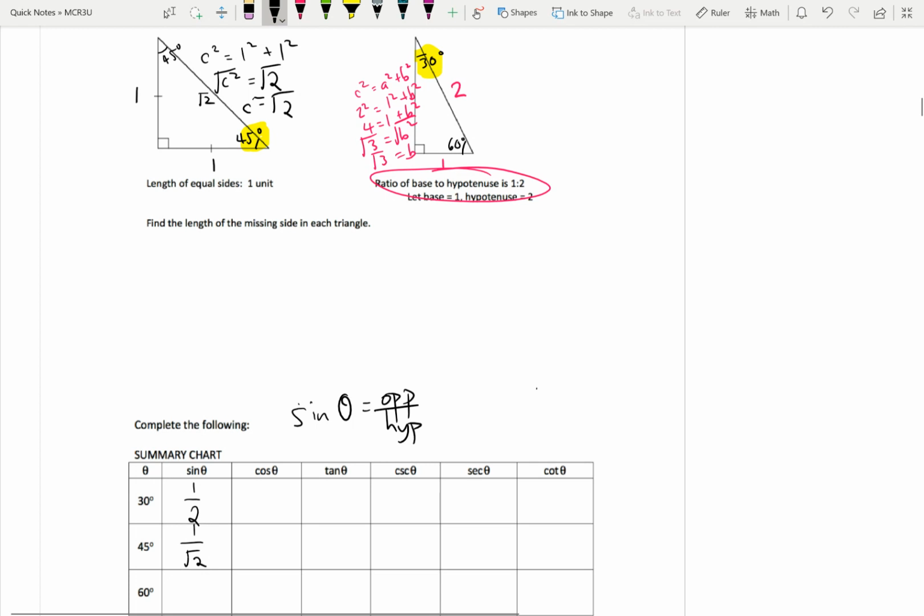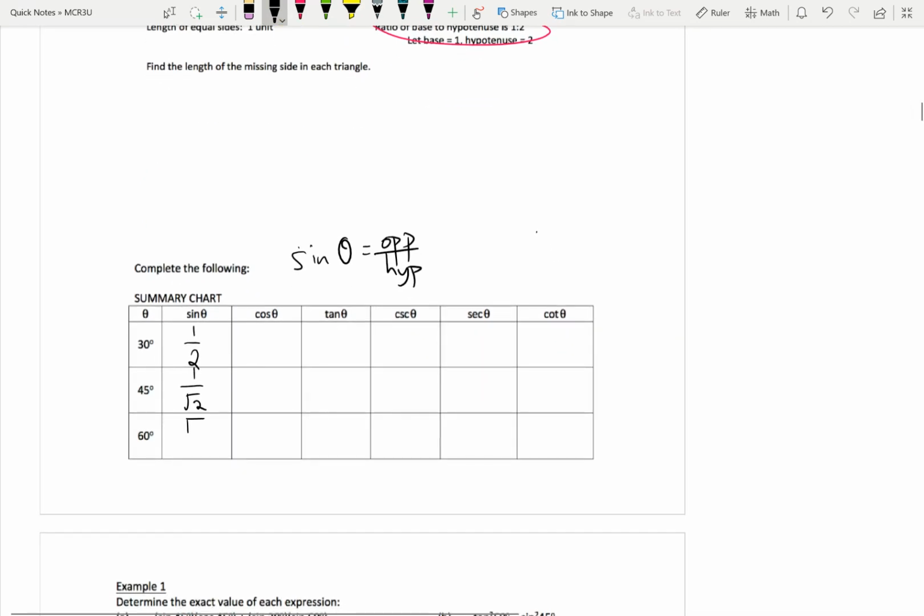And finally, my 60-degree angle, from the second triangle, I know that my opposite is root 3, and my hypotenuse is 2. So all I'm doing is filling out this chart like that.